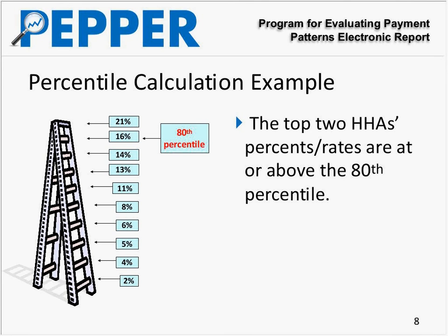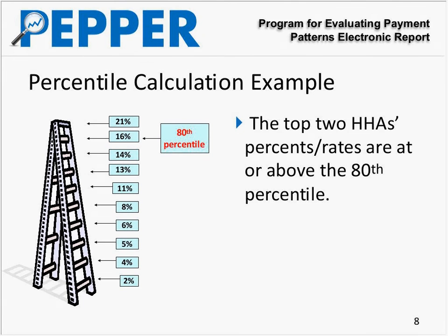We only have 10 agencies in this comparison group, because 80% of the home health agencies in this group are below the target area percent of 16. 16% is at the 80th percentile, and any percent greater than 16% are above the 80th percentile and would be identified as at a higher risk for improper payment.